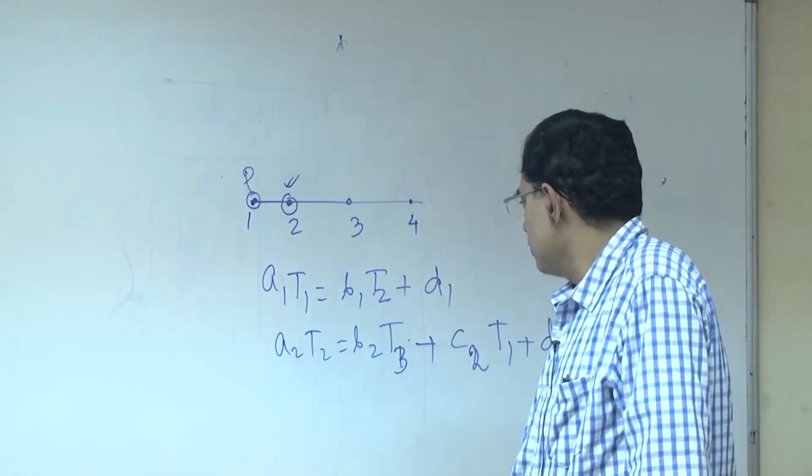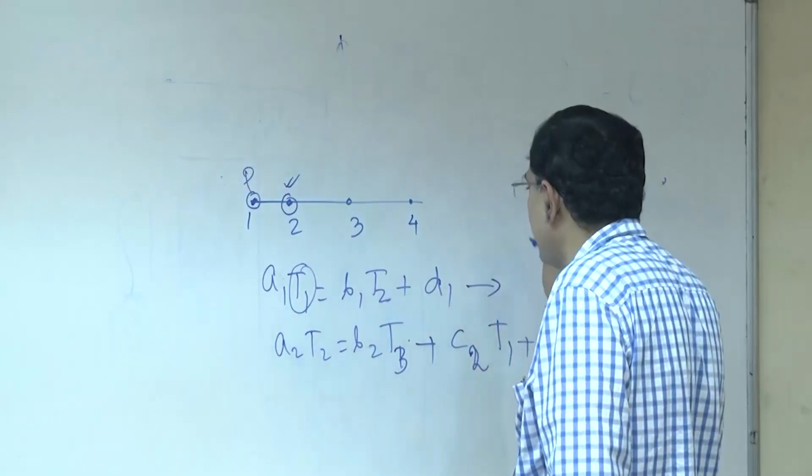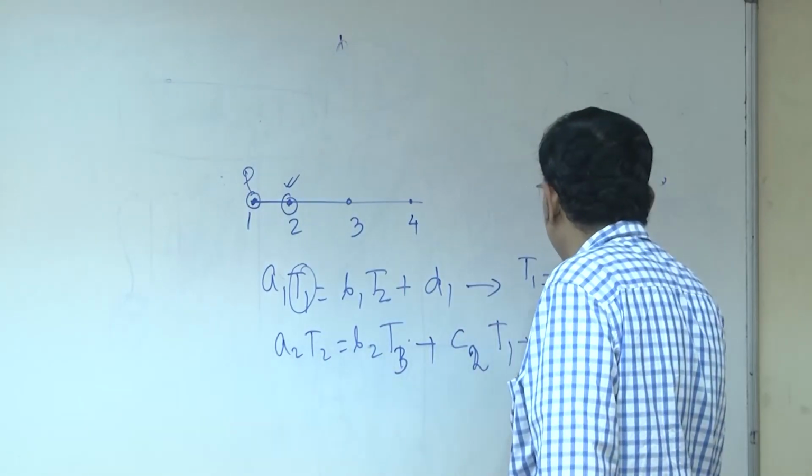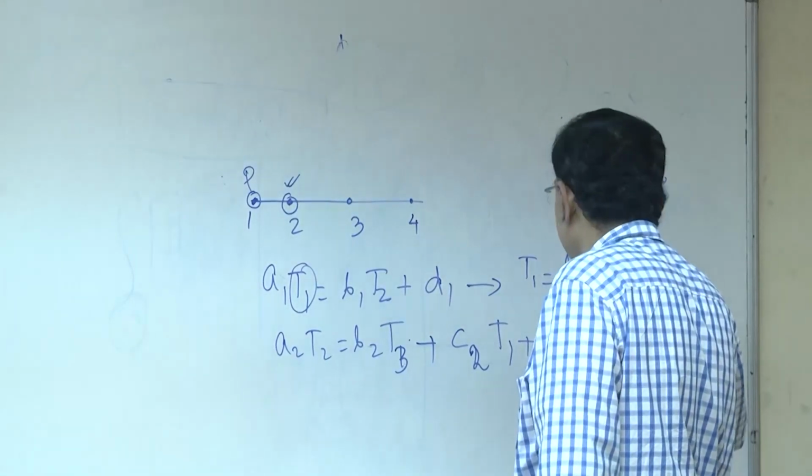So now you know from here that you can just simply write T1 is equal to B1 by A1 into T2 plus D1 by A1, right.